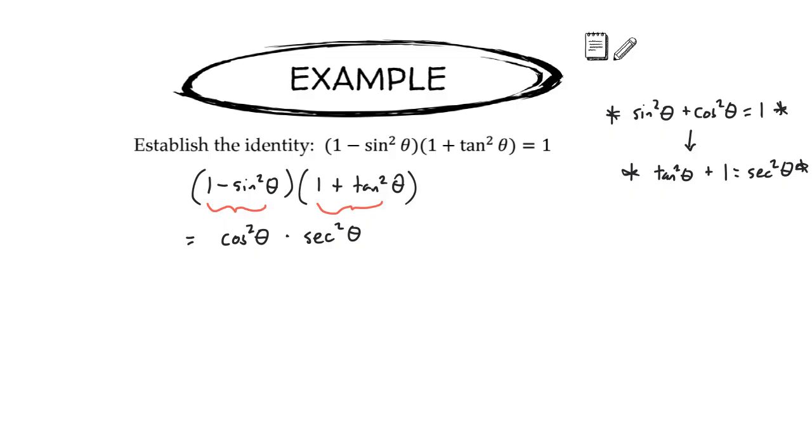Okay, and at this stage, it's pretty easy to see why this expression that I've got here is going to simplify to just 1. I rewrite secant squared as 1 over cosine squared. Of course, cosine squared times its reciprocal is equal to 1. And that was the dream all along. So using known identities is a really useful tip when you're establishing new identities.